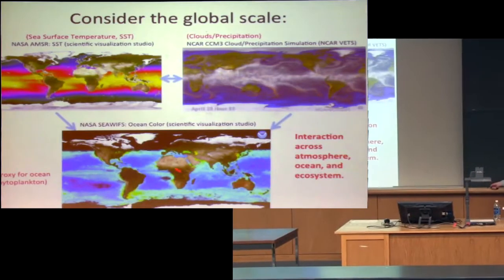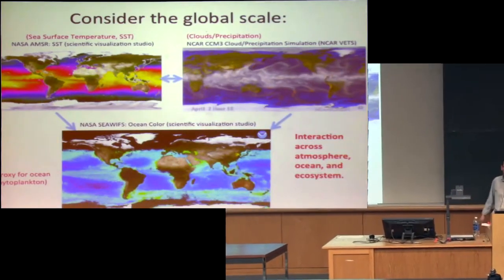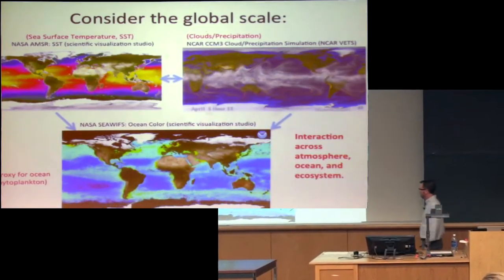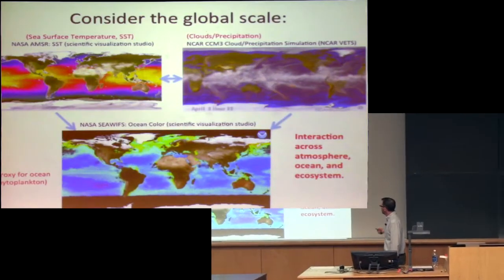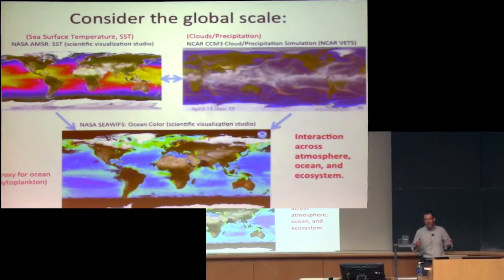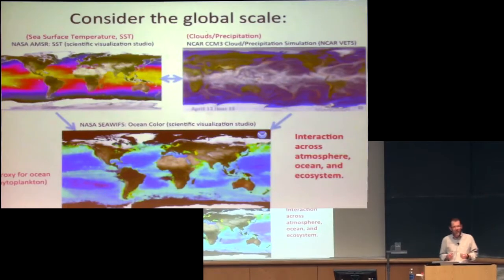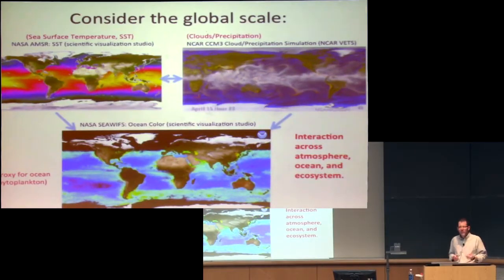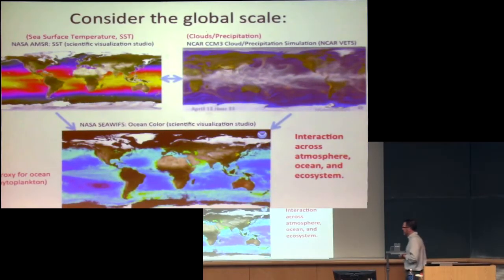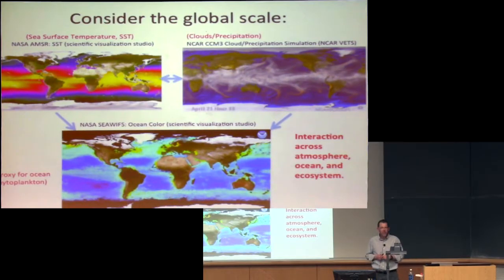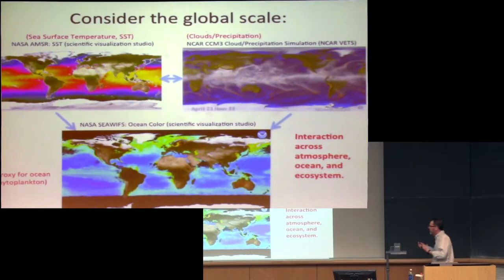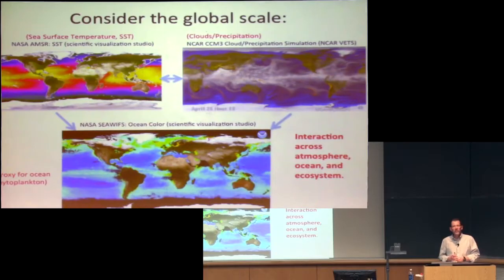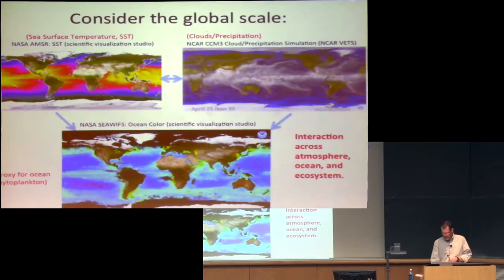You'll also see features here like the sensitivity to light in the phytoplankton. But it's this combination, this interaction across three fairly diverse systems that are coupled here that drive the interest in spatial temporal dynamics for most of us. Okay? So we have a multivariate space-time system operating on many scales.